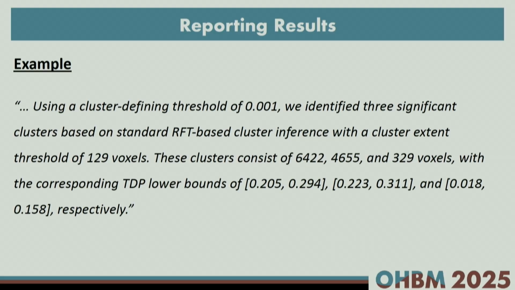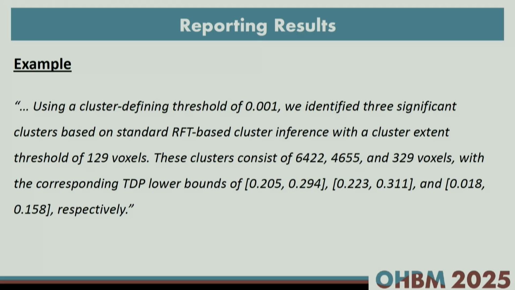And this is an example that you could use for reporting your results from this analysis. First of all, please report the cluster defining threshold that you chose. Here we use 0.001, and also please output the corresponding cluster extent threshold based on random field theory.